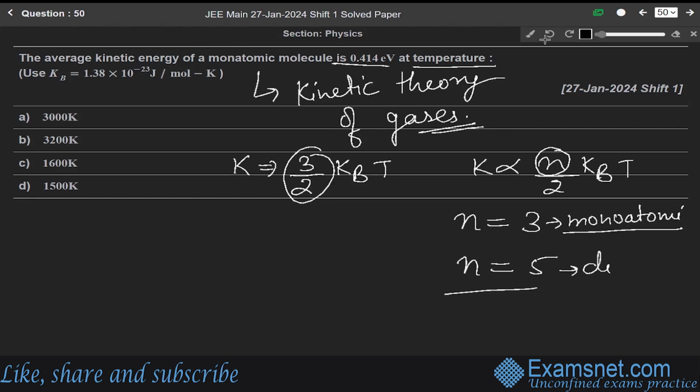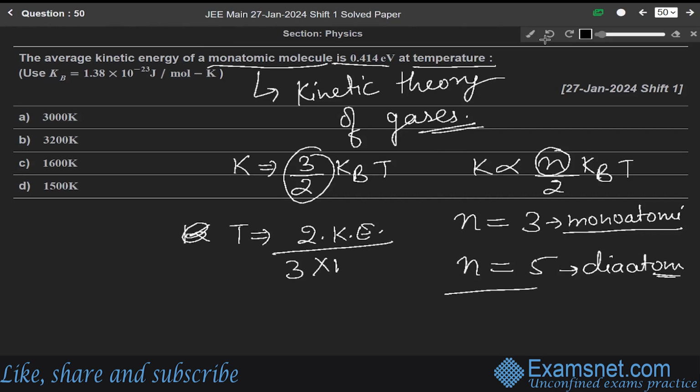Okay, for diatomic. So kinetic energy will be for monoatomic molecule 3/2 kBT. So we have to find the temperature. So temperature will be equals to 2 into kinetic energy over 3 into kB. So 2 into kinetic energy, given as 0.414 electron volt.